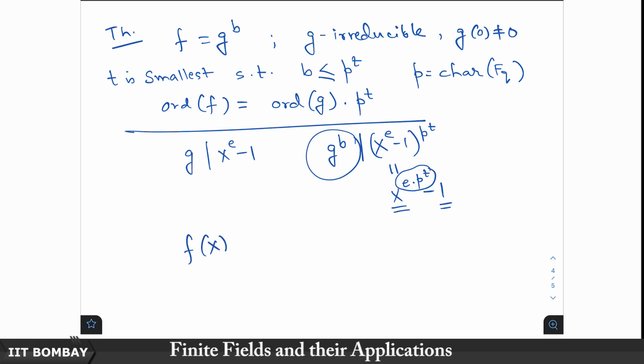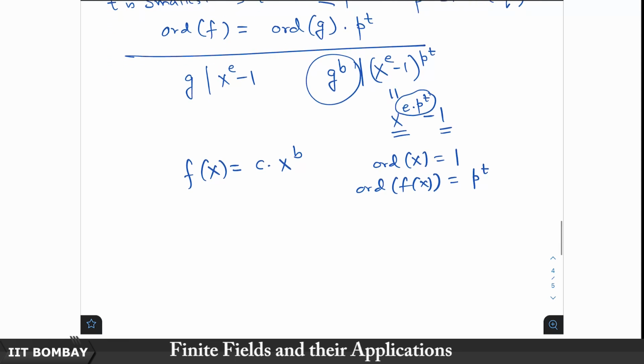Let us look at f(x) equal to a polynomial of the form c times x^b. What is the order of a polynomial of this form? First of all, the order of x is defined as 1. So, the order of this is just p^t, where p^t is such that p^t is greater than or equal to b.